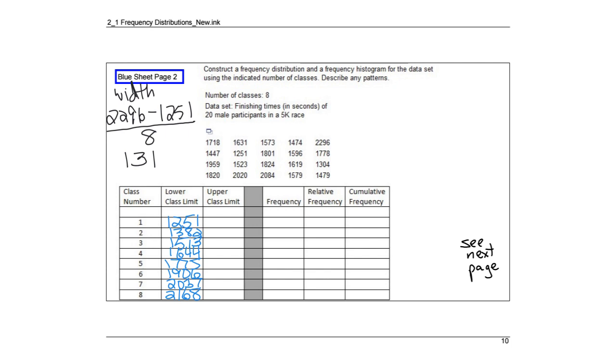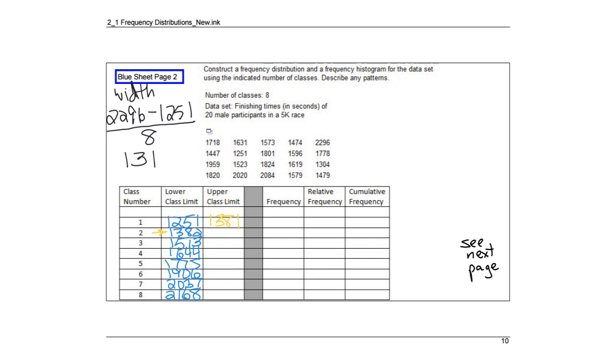Now I have to start the upper class limit. So for this one, I can't add 131 across. That's not going to work, because if I add 131 across, I would get 1,382, and I already have that on the second level. So what we're going to do instead is we're going to look at the second class that has 1,382, and I'm going to take one less, right?